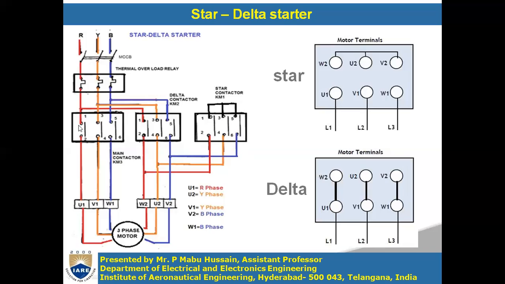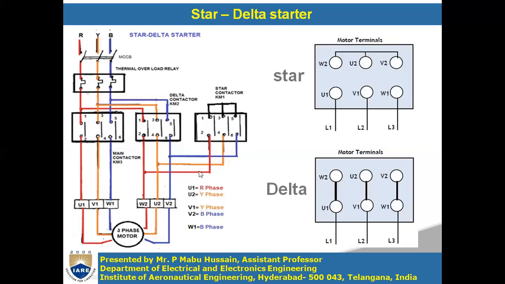Up from the supply we are connecting one contactor, the main contactor. One side terminals are connected to the R Y B supply, and the other side will be connected to U1, V1, W1 of the motor. Now W2, V2, U2 are connected to the star contactor's one side.